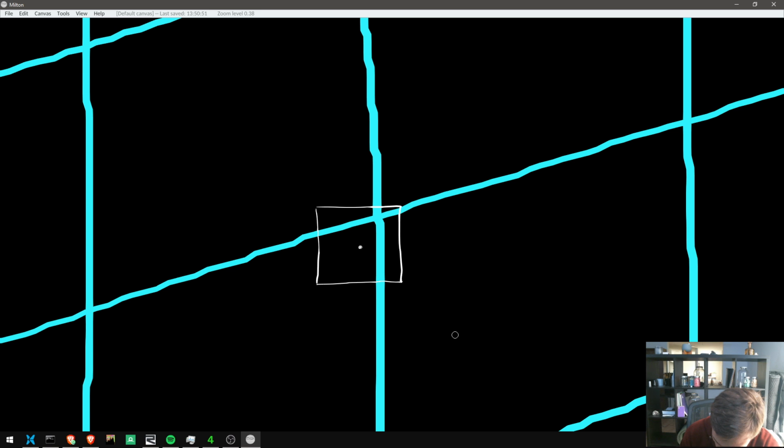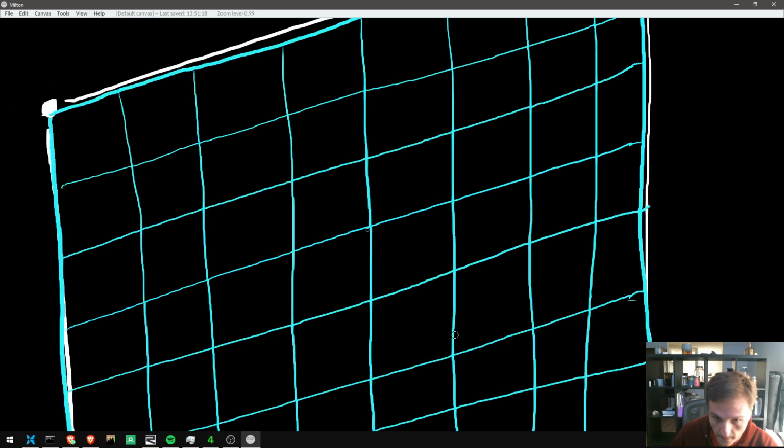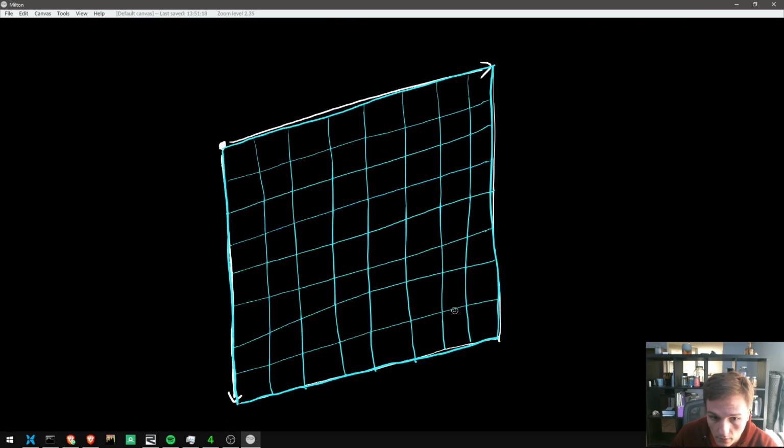Here's the pixel center. So I think the way I want to think about it, oops, what did I just undo? We'll undo that.